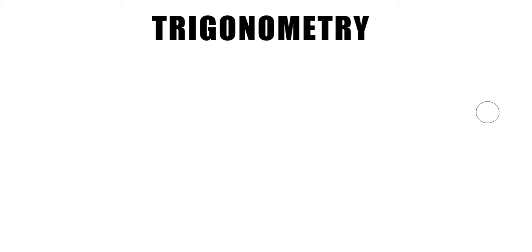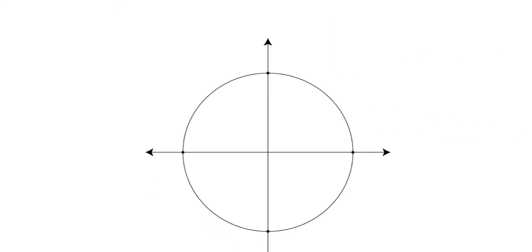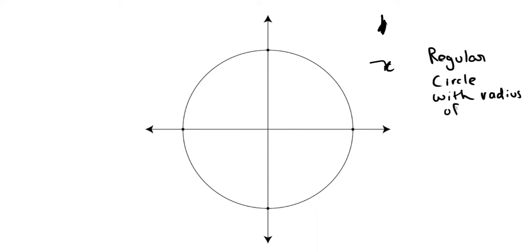Let's just take a look at what this marvelous unit circle looks like. This is the unit circle. By itself it's nothing really extraordinary, but the only thing that you really need to know about it is that it's just a regular circle with a radius of 1.